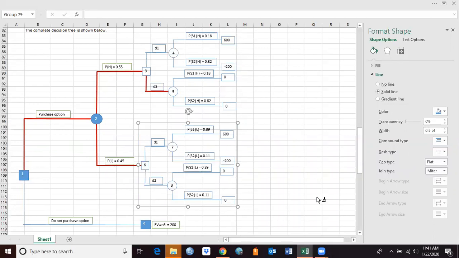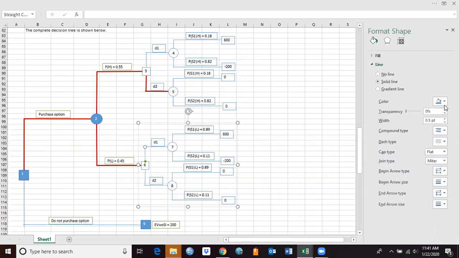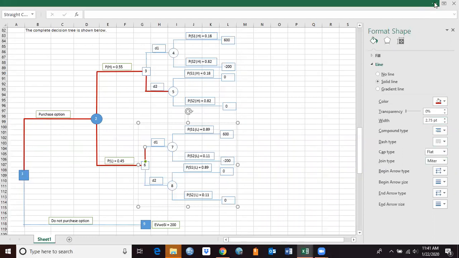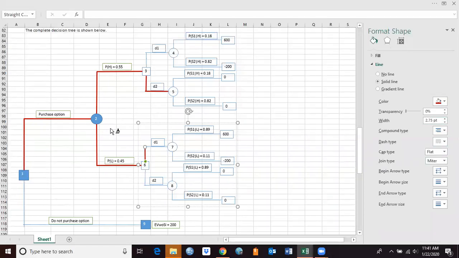Again, the same thing. So I'm just gonna do it individually here. Let's say 2.75, and I will copy the format to highlight this option.